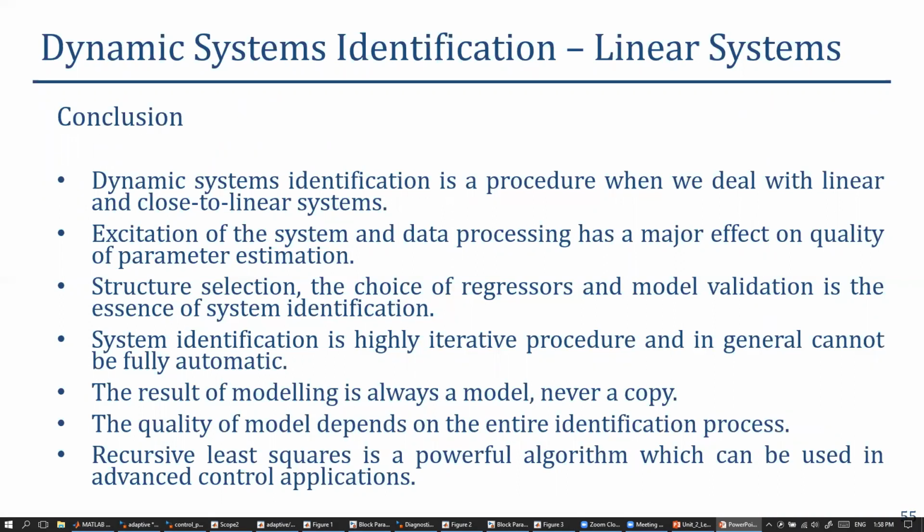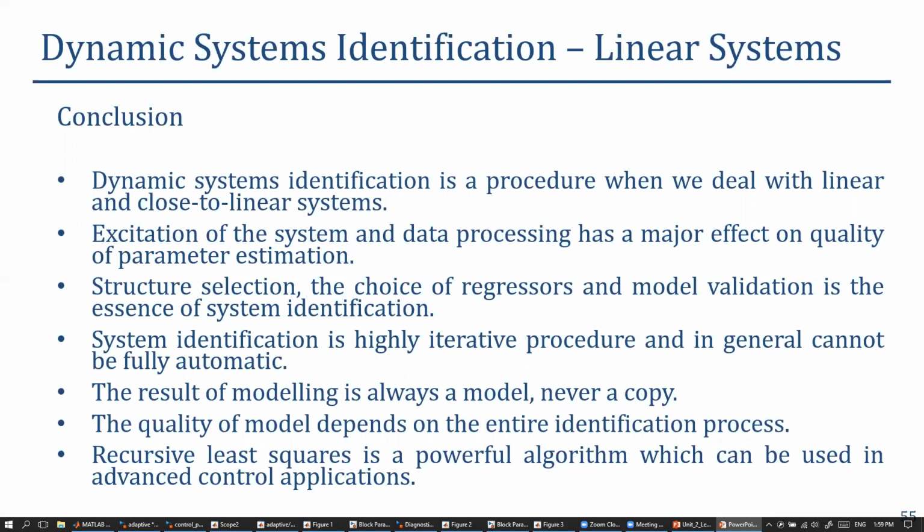The dynamic system identification is a procedure we use when we deal with linear and close to linear systems. The excitation is of extreme importance. The better excitation you have to excite the system and to collect data, the better chance you have to get good model parameters.